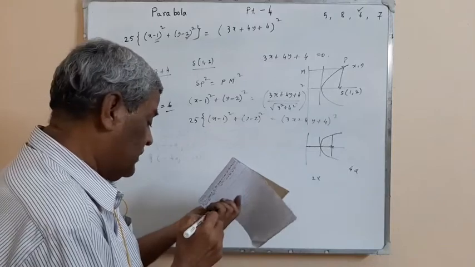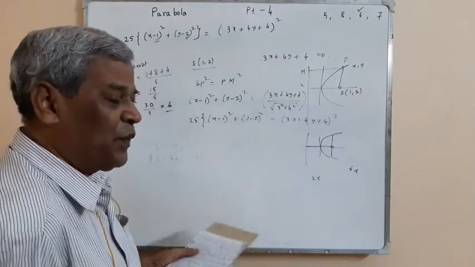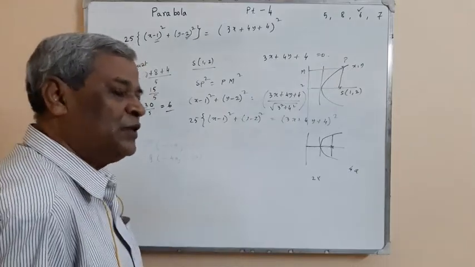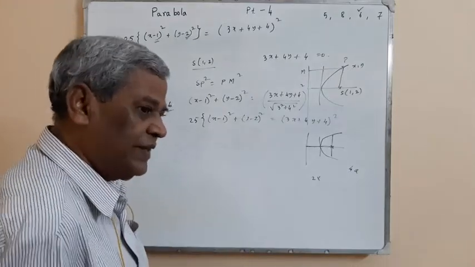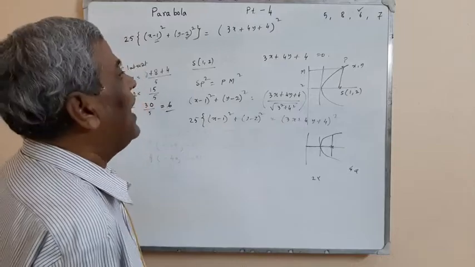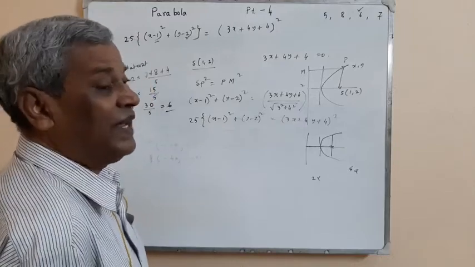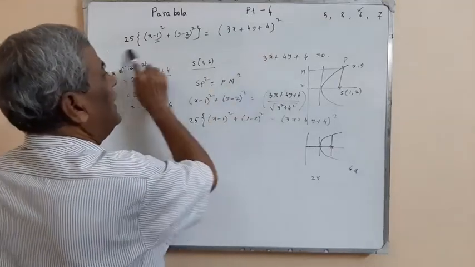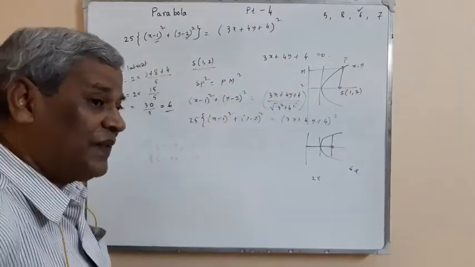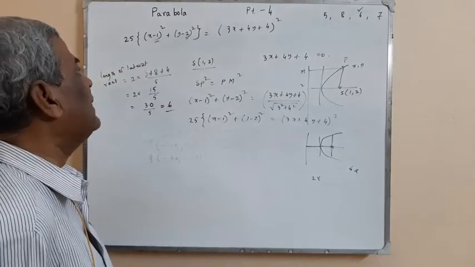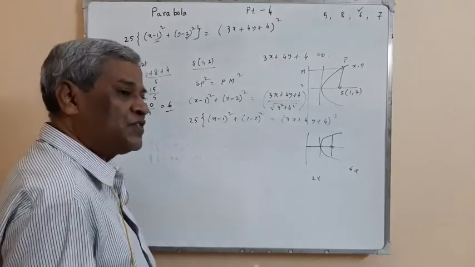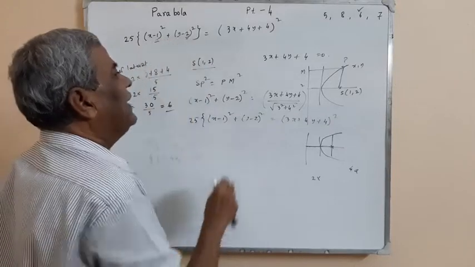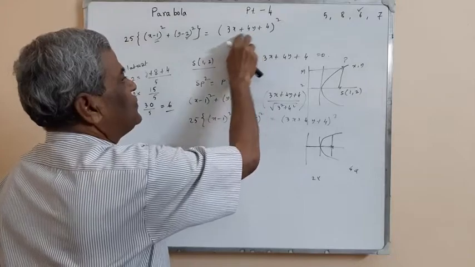I told you this type of problem is very, very important for West Bengal joint entrance, any state level joint entrance, and for IIT main and advanced. Now one equation is given in that form. From there, very easily we can calculate its focus, focus will be (1, 2), and the equation of directrix is this.